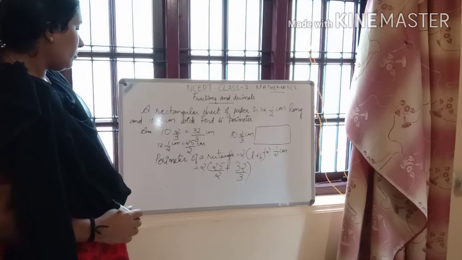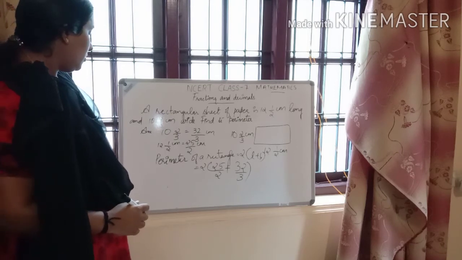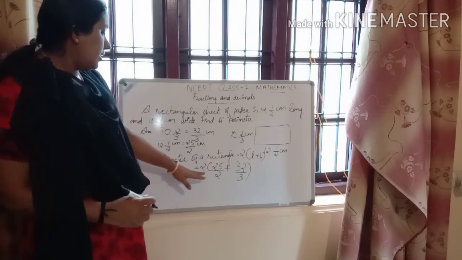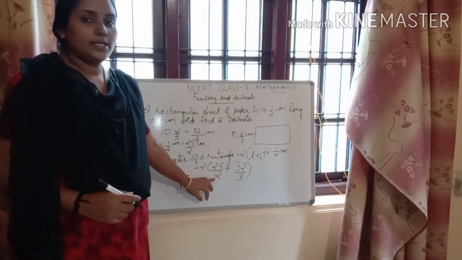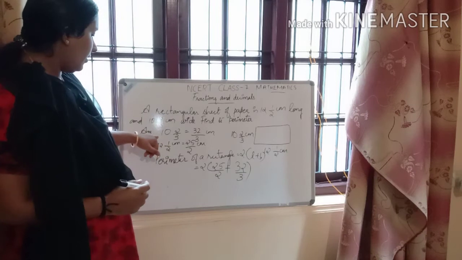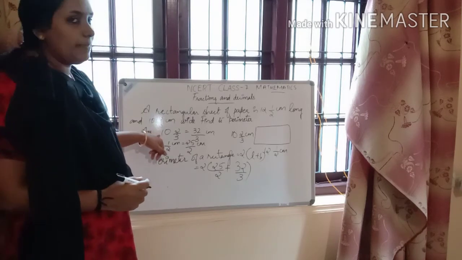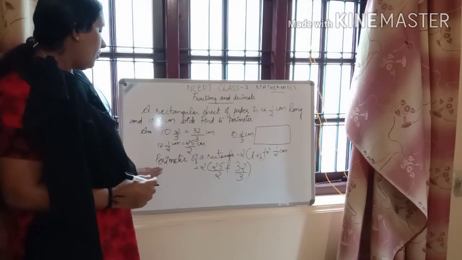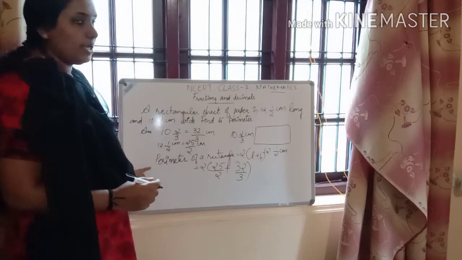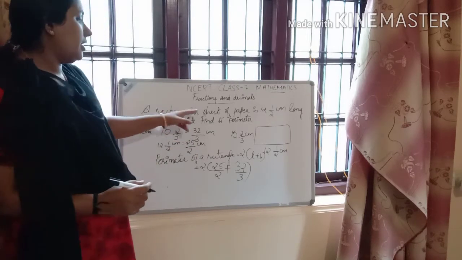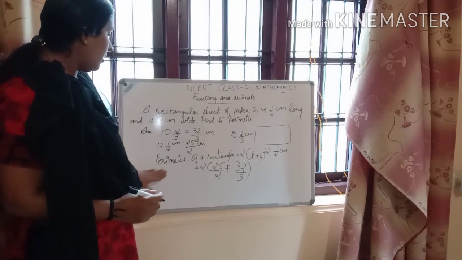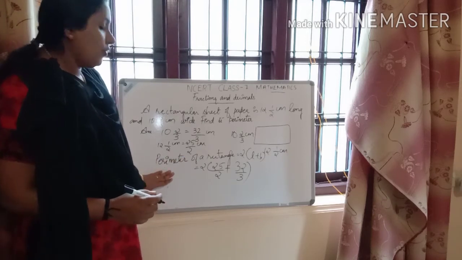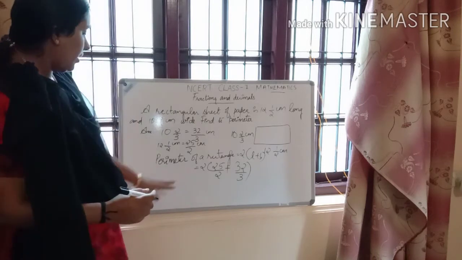In the first method we just converted the mixed fraction into an improper fraction. In the question we have to find the perimeter of the rectangular sheet of paper, so just find the perimeter of the rectangle using the given data.